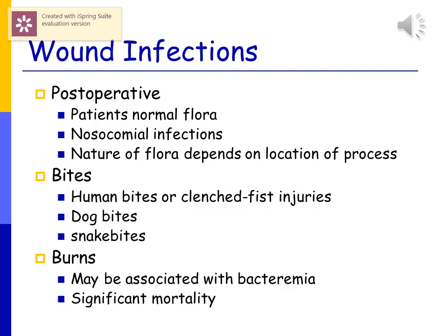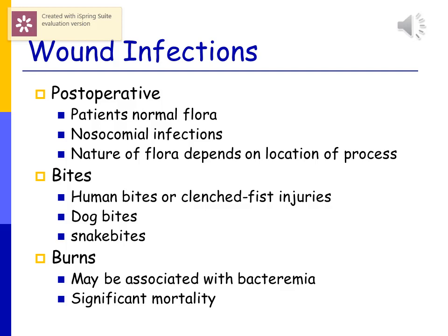For wound infections, you have post-operative wound infections, and these usually are caused by the patient's normal flora that were able to get inside of the body that normally would not have. These are considered nosocomial infections, and the nature of the flora depends on the location of the operation and what type of flora might have been there at the time of operation.